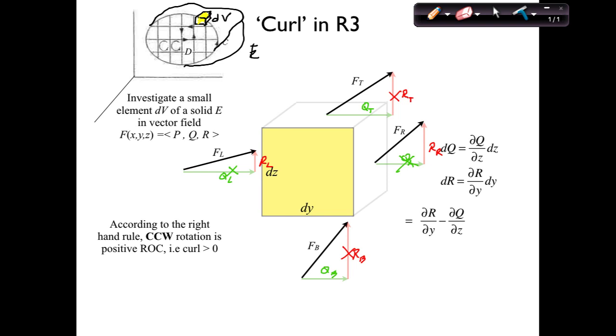It's parallel to the YZ plane, so the rate of change would be parallel to the x-axis. Right-hand rule makes it the X direction, right? So it's going to be times i.